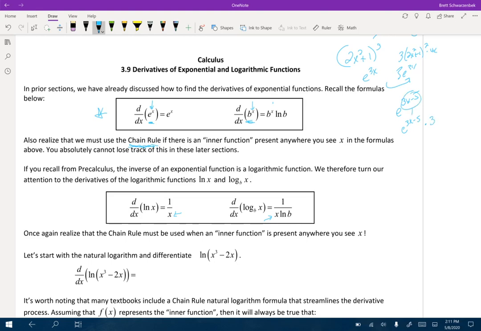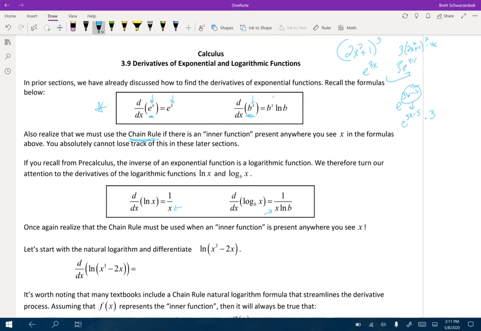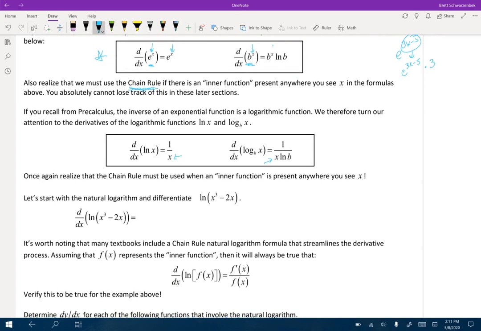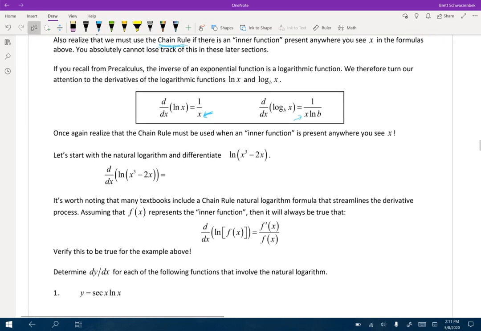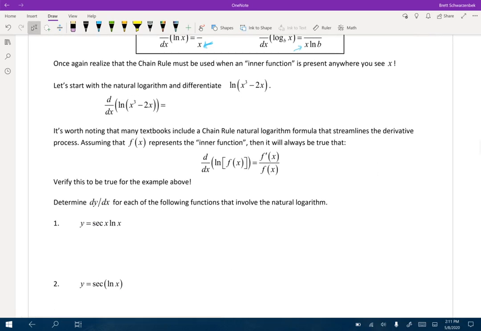But note, this comes along for the ride. So x was always just a placeholder for the inner function. That'll be the same thing here. So you're very rarely just going to have 1 over x. Instead, you're going to have 1 over the inner function in the problem.